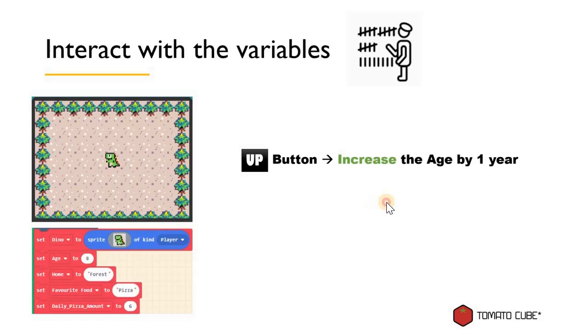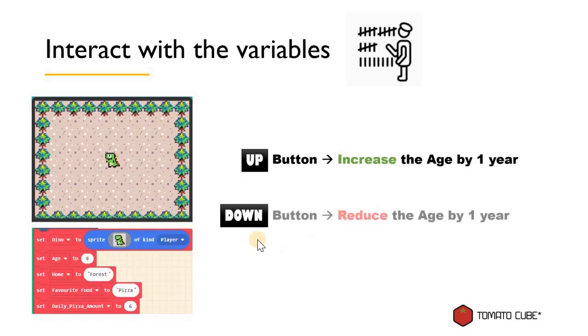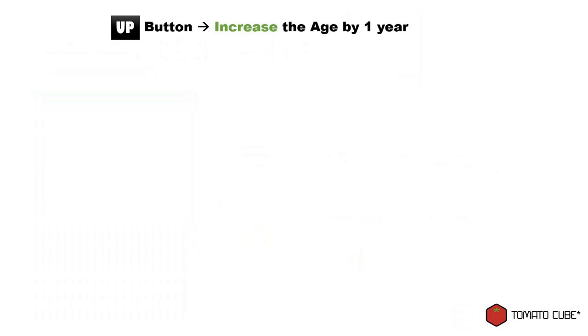And then if we hit on the down button, we will reduce the age by 1 year. To increase the age by 1 year every time the up button is pressed, we utilize the mathematical operation. We say set the age equals to age plus 1.